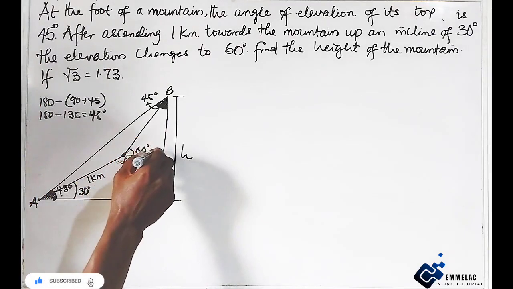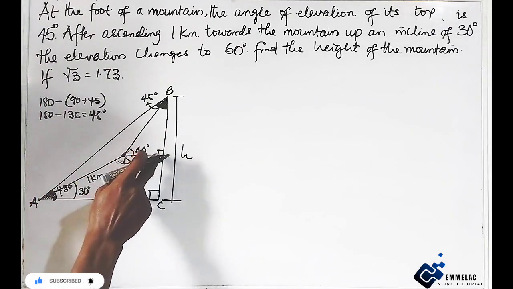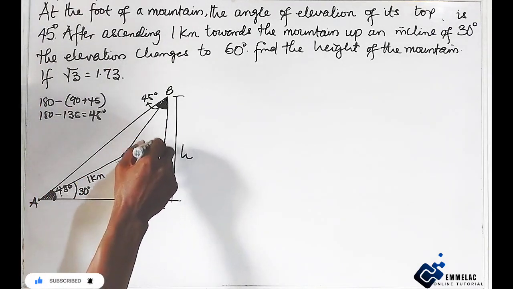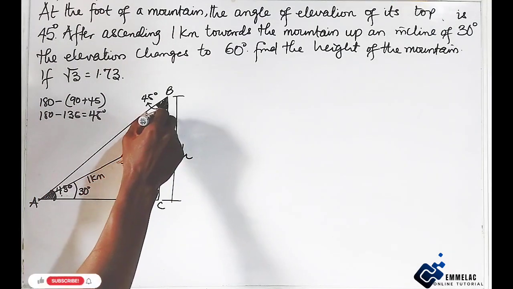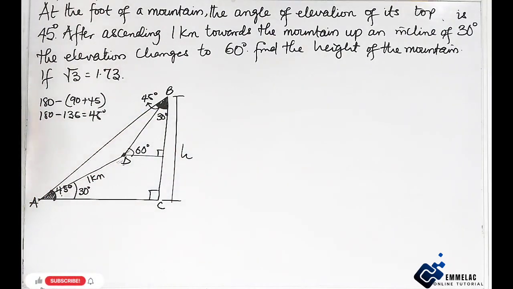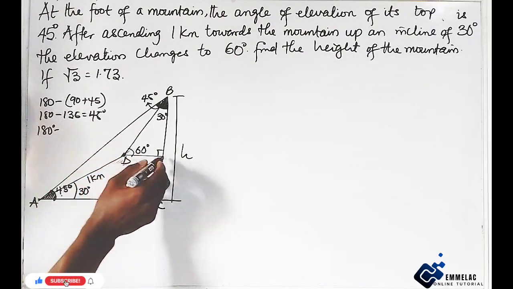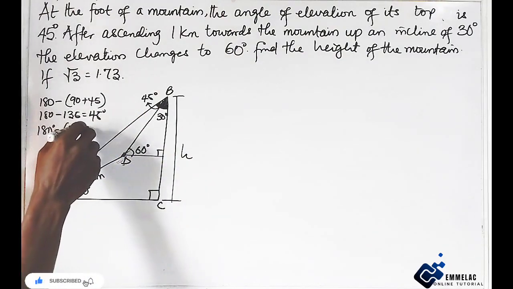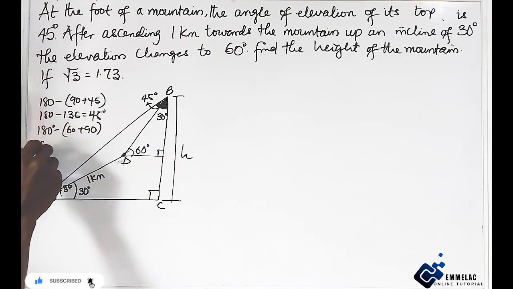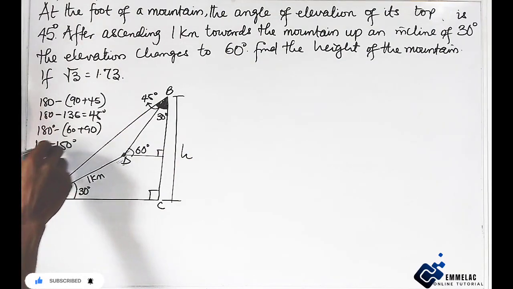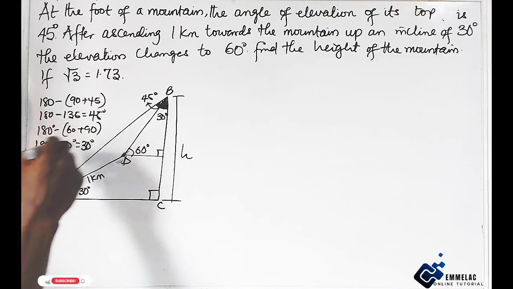Now take note, here also is 60, here is 90. Automatically here will be 30. How do we get that? That will be 180 minus (60 plus 90), which is 150, minus 150, that should give us 30.